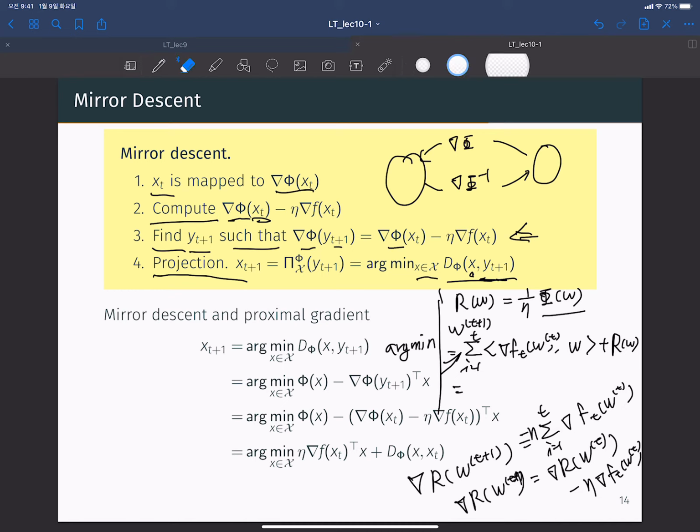Okay, this is mirror descent without constraint.